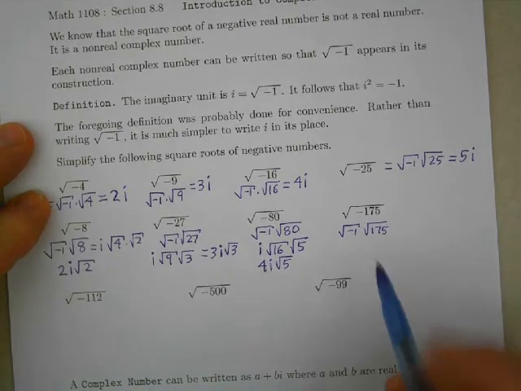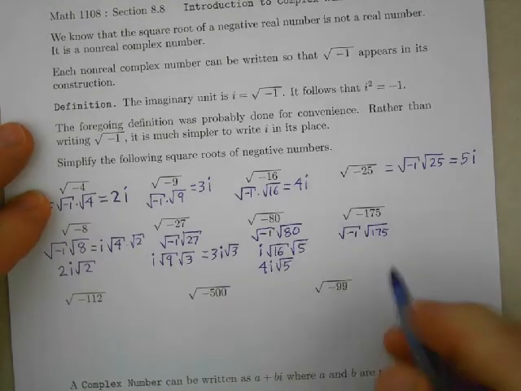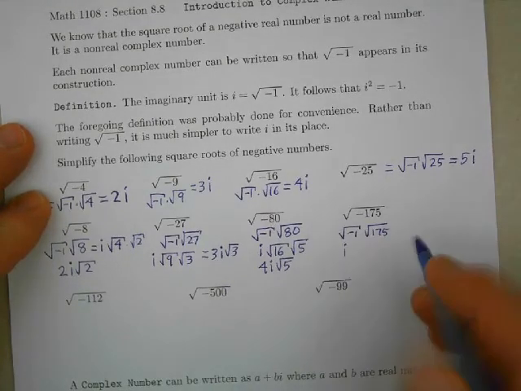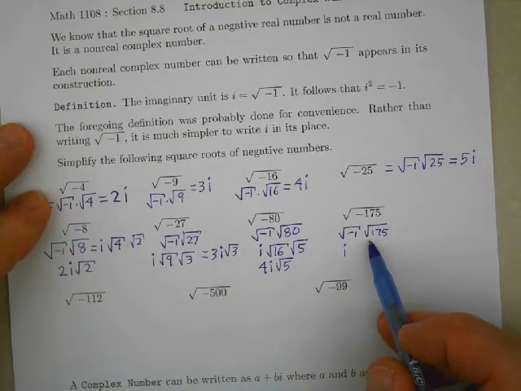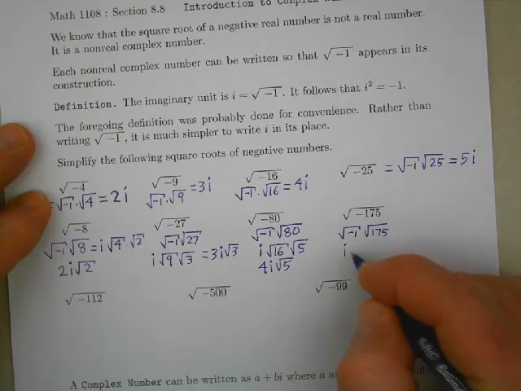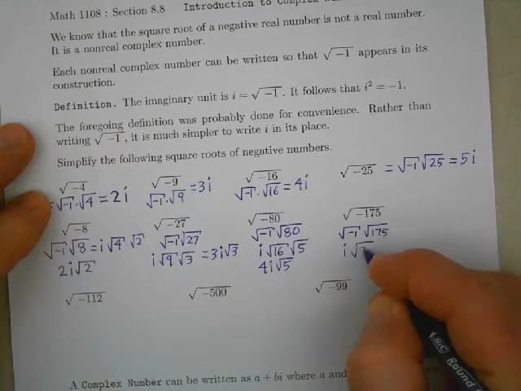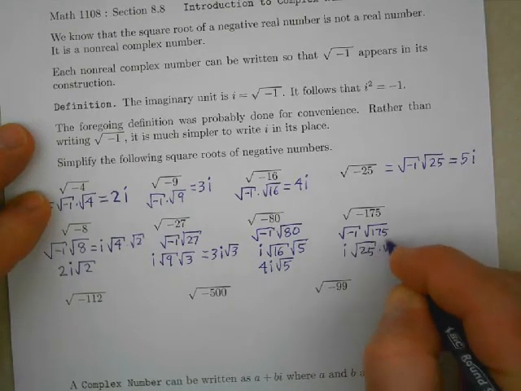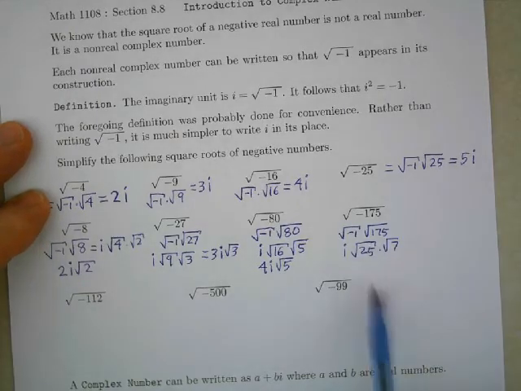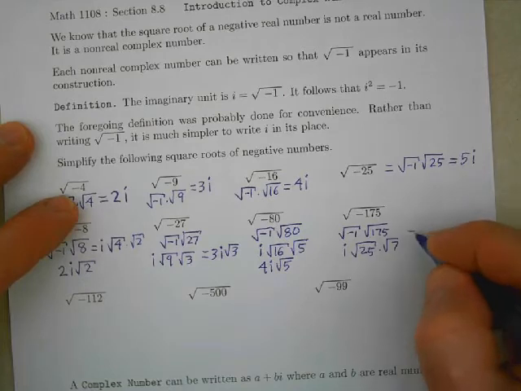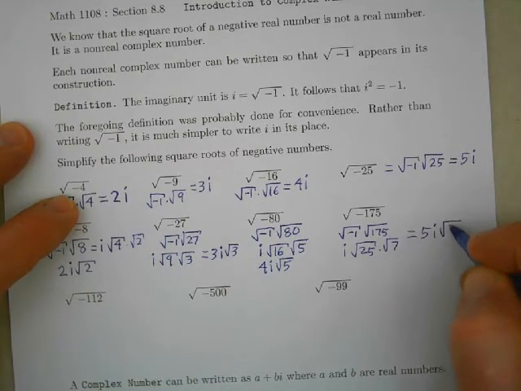In the next step, we replace the square root of negative 1 with I, and then we replace the square root of 175 with the square root of 25 times the square root of 7. The square root of 25 is 5, so we can write this as 5 times I times the square root of 7.